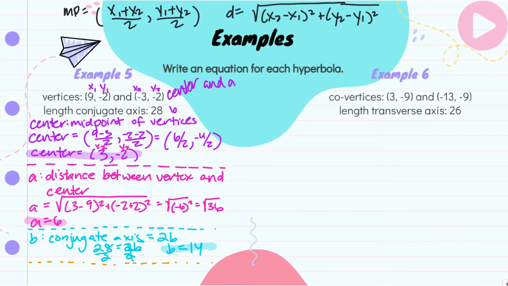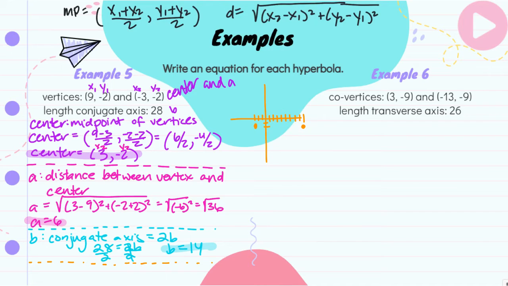And I'm not really having a lot of room here at the bottom, so I'm going to go to the middle here. I'm going to sketch out a coordinate plane. And like I said, this is a sketch, so it's not going to be perfect. So my first vertex is 9, negative 2. So that point is right here-ish. And then my other vertex is negative 3, negative 2.